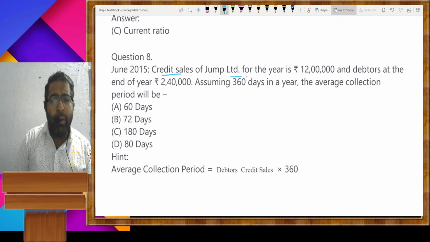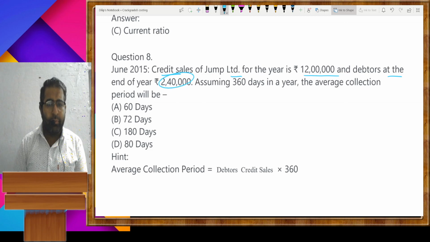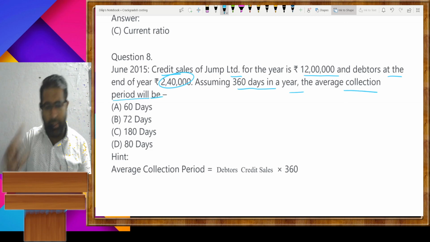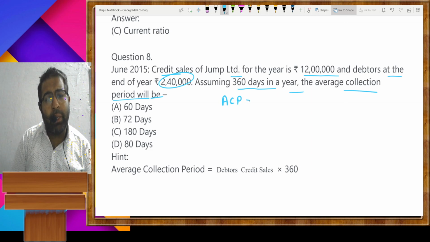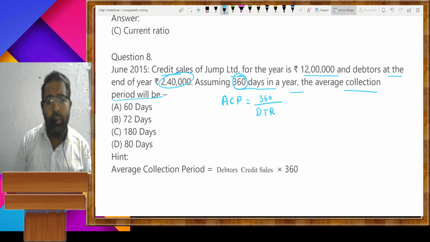Credit sale of Jump Limited is 12 lakh. Debtors at the end of the year 2 lakh 40,000. Assuming 360 days in a year, the average collection period will be, as we know, average collection period equals, if it is talking about days, 360 divided by debtor turnover ratio.